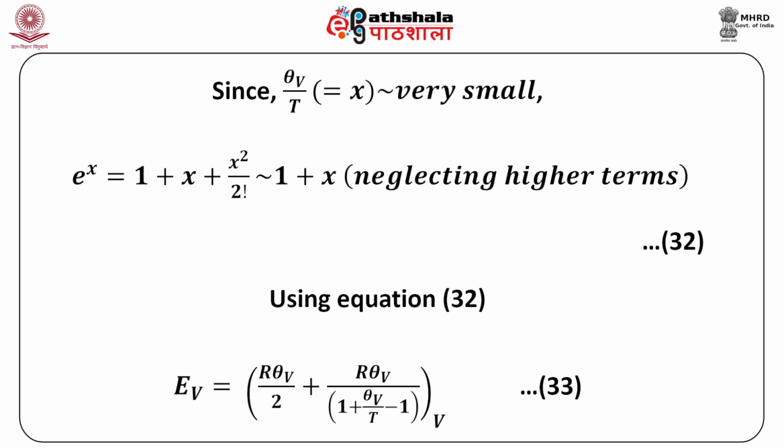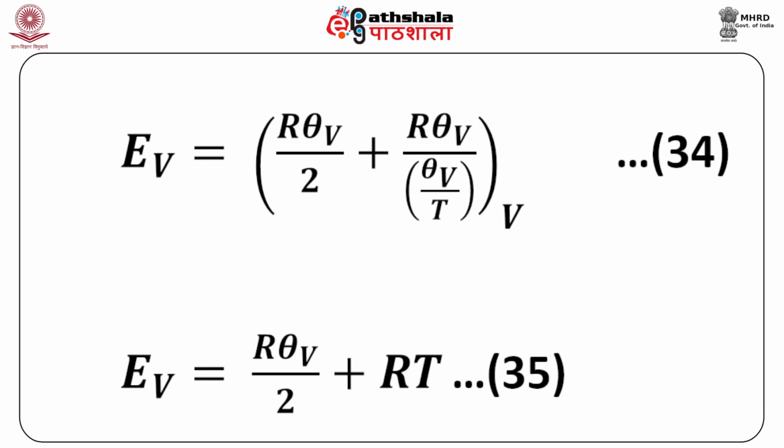Making that substitution here and simplifying, as you see in equations 33 and 34, ultimately we get Ev is equal to R theta v by 2 plus RT. That is the case when temperature is very high. This is the vibrational contribution to energy.